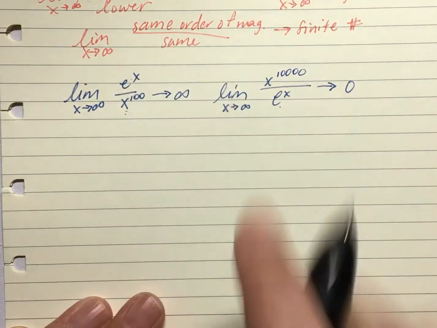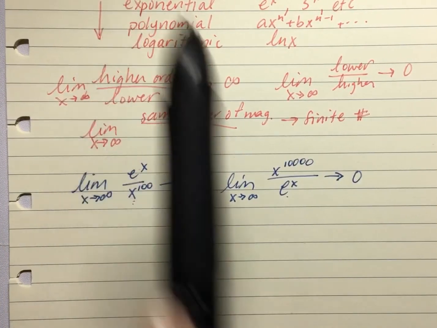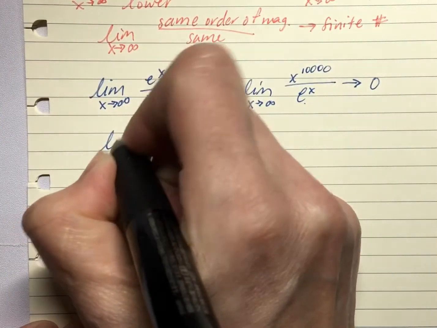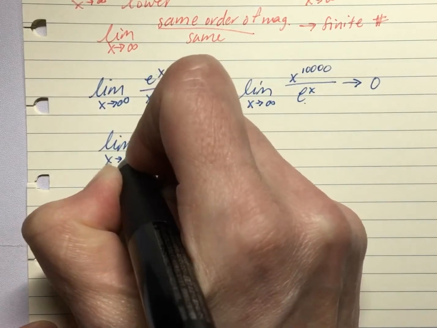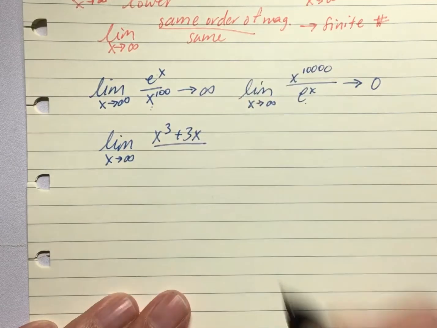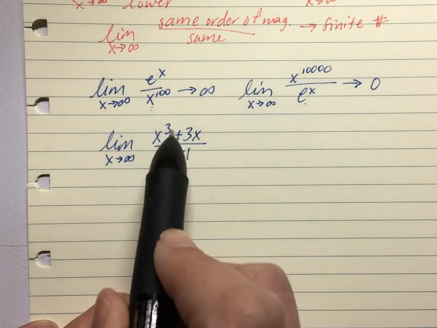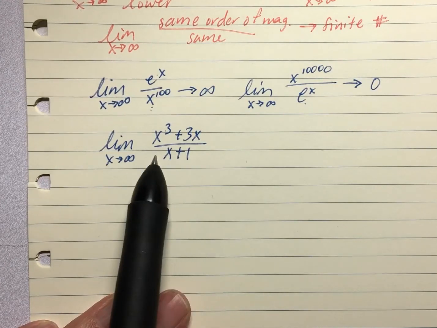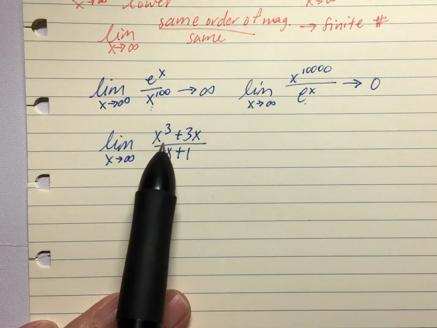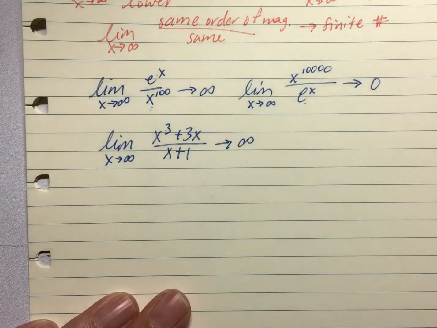And remember, even with polynomials, you might ask, isn't that the same order of magnitude? Well, not necessarily. What if you have something like x cubed plus 3x over x plus 1? That numerator has a higher order of magnitude. If I used L'Hopital on that, I would just have a 1 in the denominator, and I would definitely be going to infinity. Or if I flipped that upside down, I'd be going to 0.